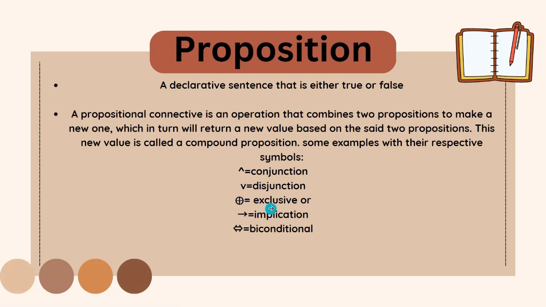The circle with the cross is called the exclusive or. The arrow facing to the right is named implication, and the arrow facing both sides is called biconditional.